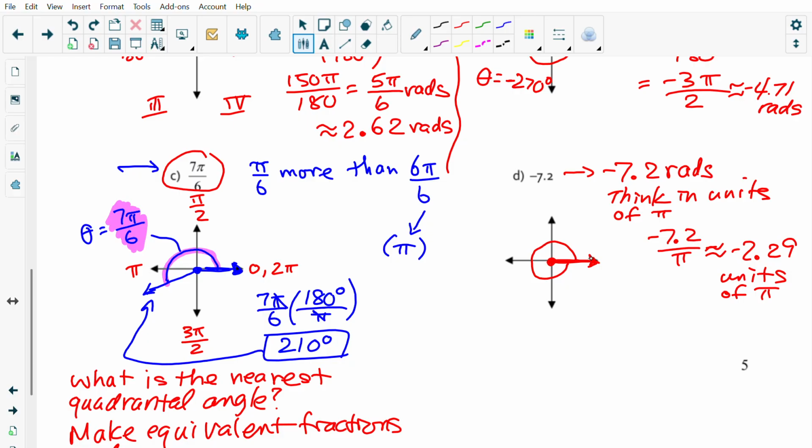And then 0.29 more. That's roughly a third of the way through another half rotation. So it's going to be about here. And then I'm going to draw my terminal arm right there. Okay. And then this is theta equals negative 7.2 radians.